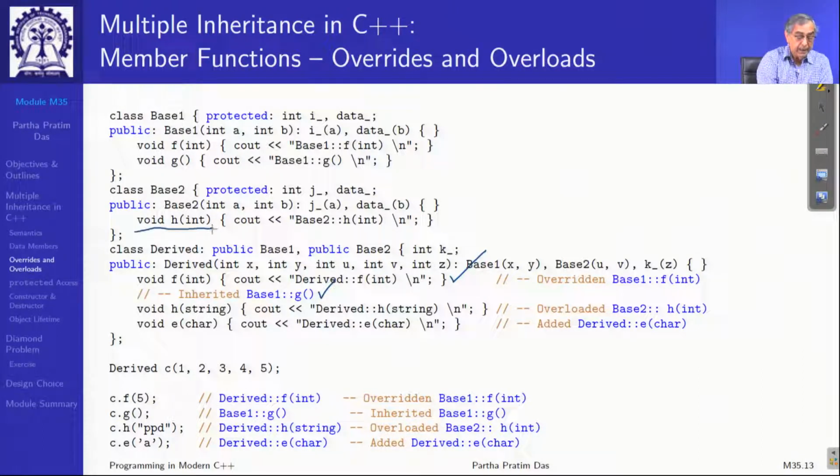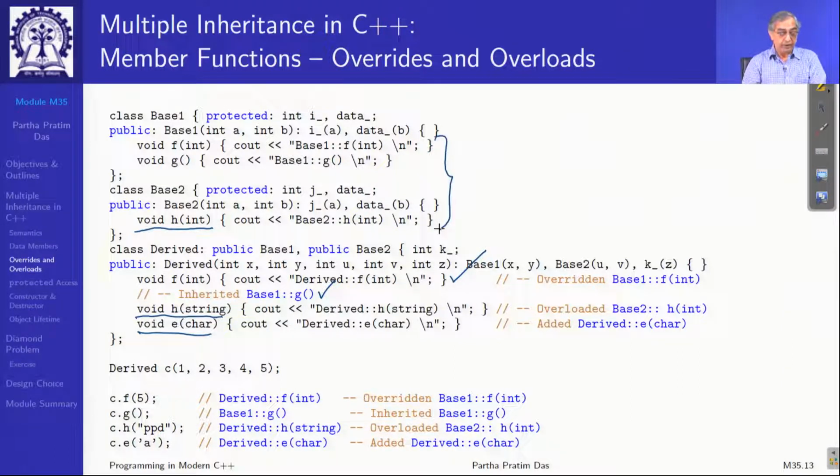So, it simply inherits Base1::g. It inherits h from Base2, but changes the signature to string. So, it is overloading Base2::h, and it has added a new member function e. So, this example looks very similar to the earlier one, except that all these member functions were in the same base class.